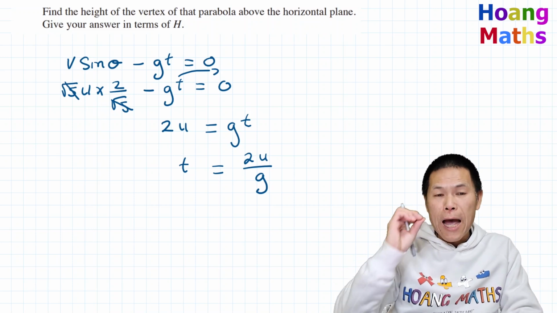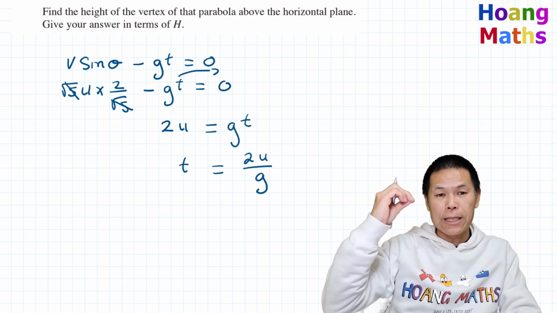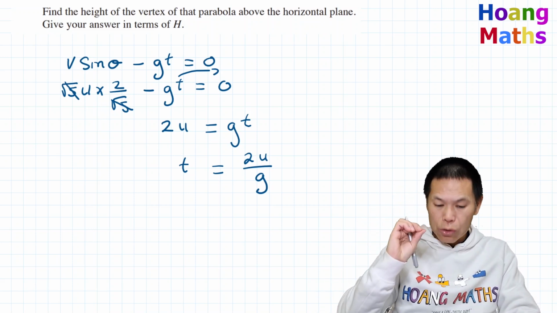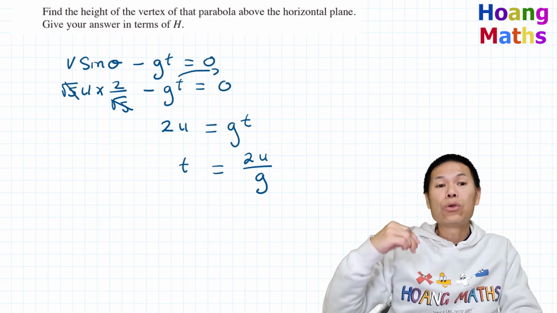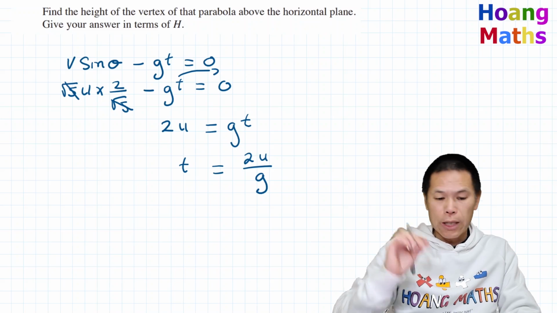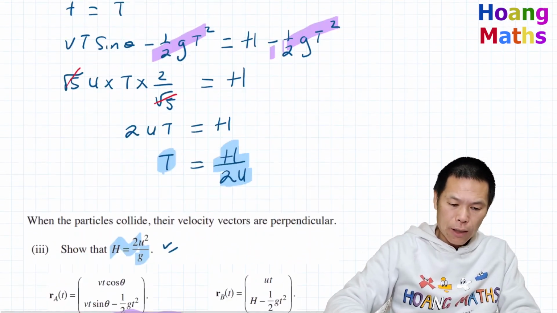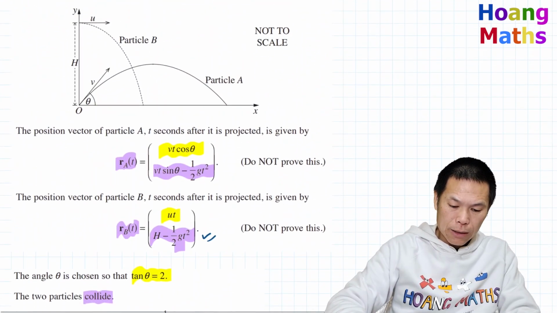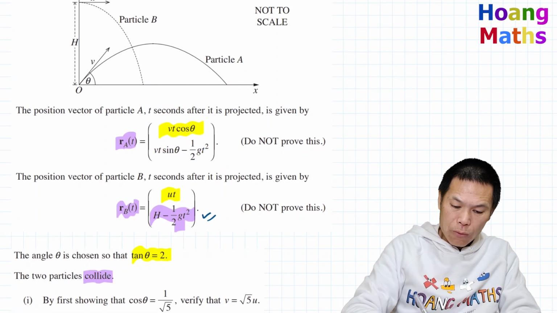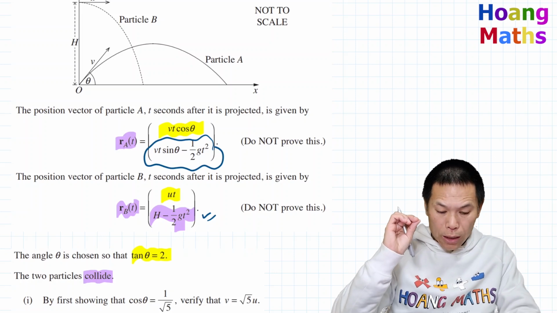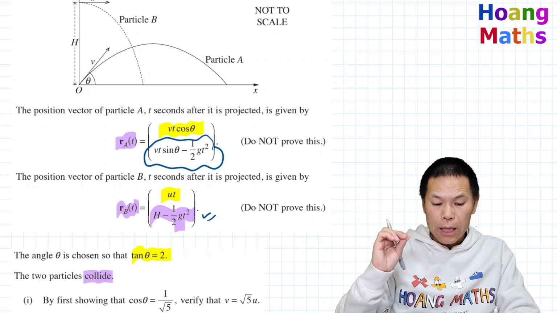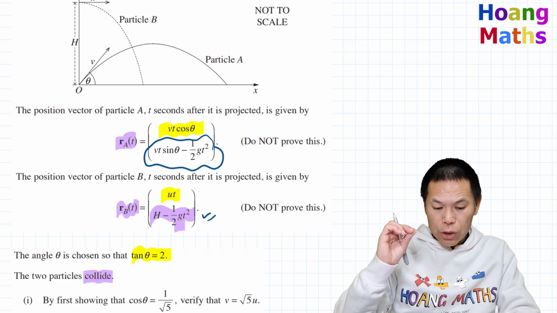Now that we have found the time, we need to find the maximum height. So we substitute the time 2u over g into the j component of the position vector, and it will give us the maximum height. The j component is vt sine theta minus a half gt squared.